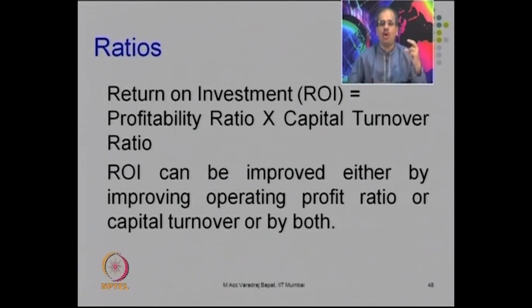One is you improve operating profit, that is you increase the margin which you earn on your sales, or you improve the capital turnover, that is you try to generate as much more sales as possible by using the same resources. And of course, you can do both things, because both can go hand in hand. You try to improve the profitability and parallelly try to increase the sales, which will give a higher ROI.